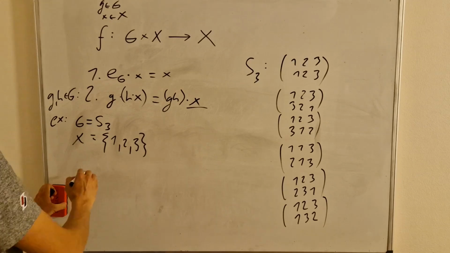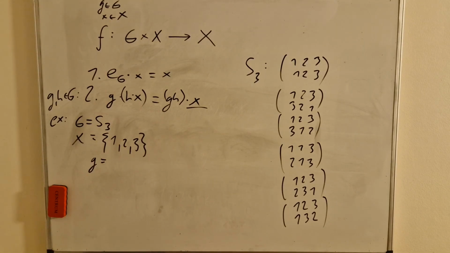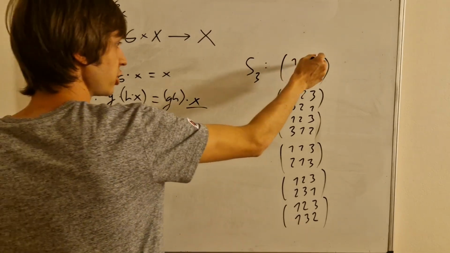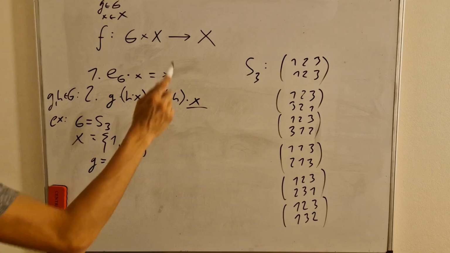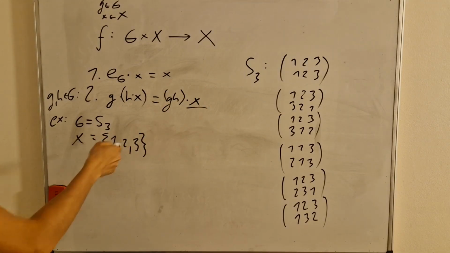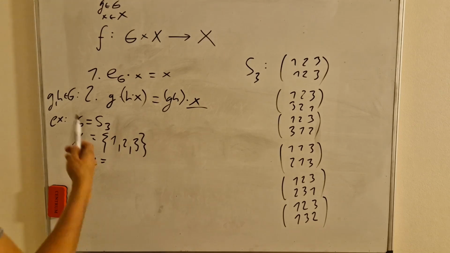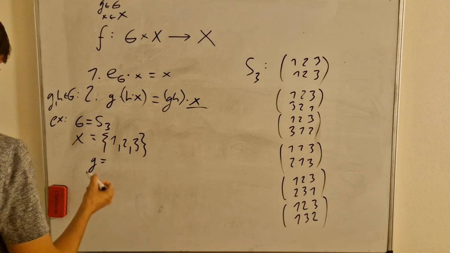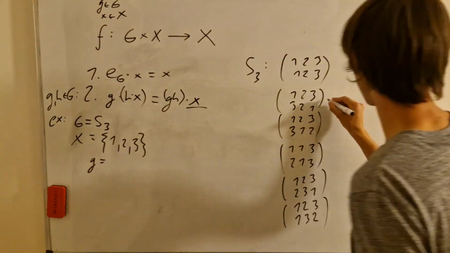So I pick one of the elements of the group, where our group is S3, so our elements g1, g2, g3, g4, g5, g6 are elements of the group, they're permutations, and I ask for it to act on some chosen element of the set X. So my g I choose will be, and let me now also write in cycle notation.